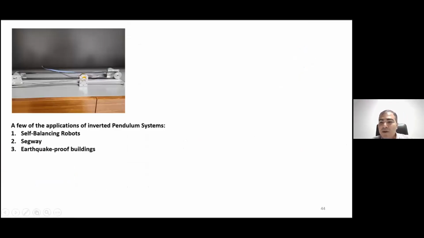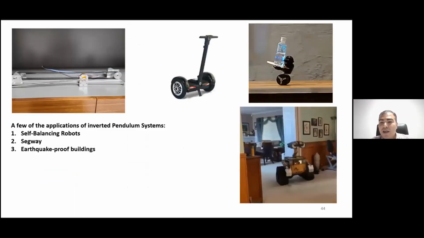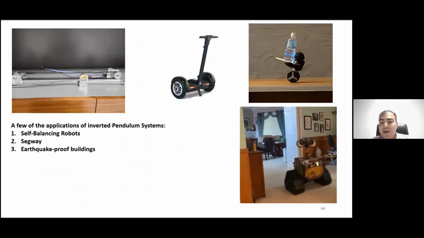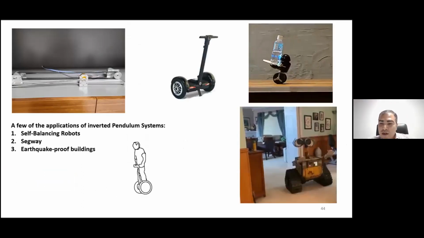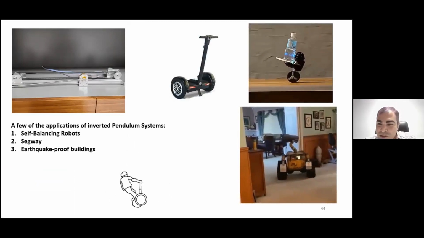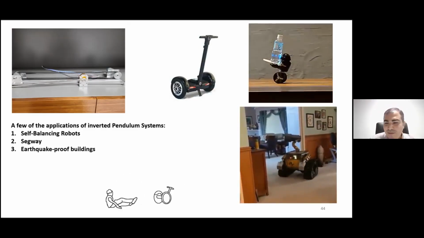There have been some reasons for presenting such an approach for designing a fuzzy controller, and also there are some reasons for choosing the inverted pendulum system. Actually, the inverted pendulum system has some important applications, among which are self-balancing robots, the Segway, earthquake-proof buildings, and so forth. Oh, sorry, I think in the Segway, the fuzzy controller has not been employed. Yes.